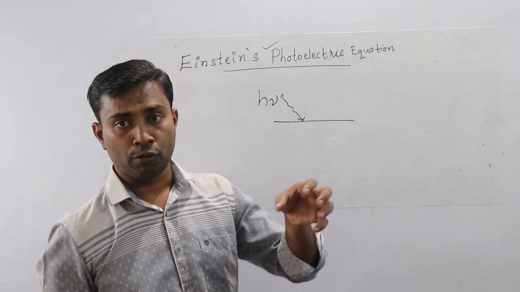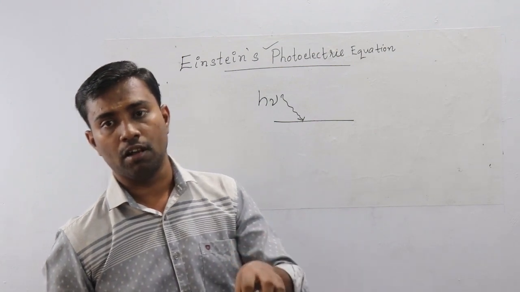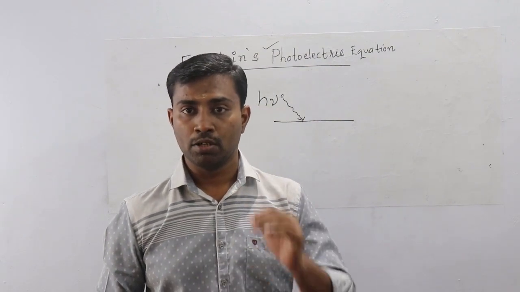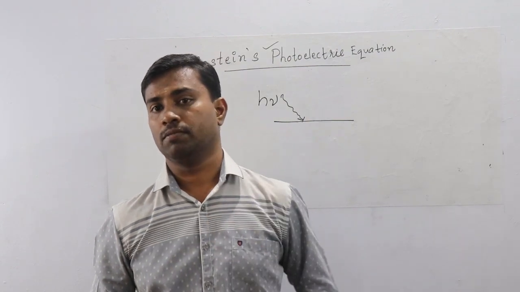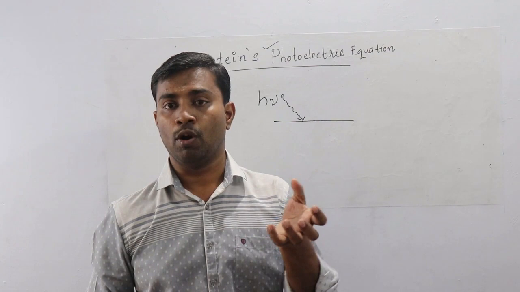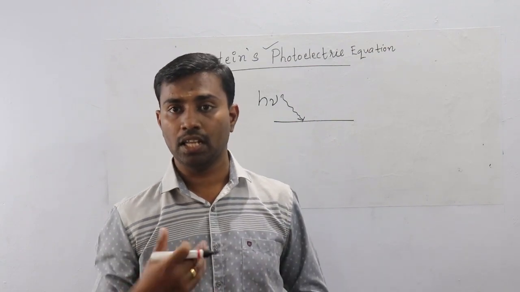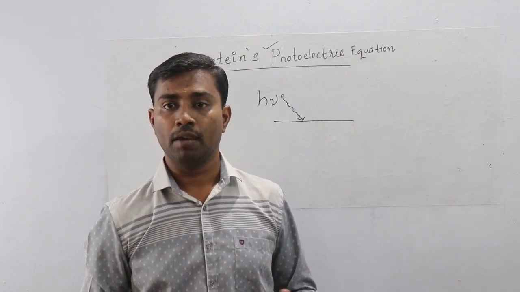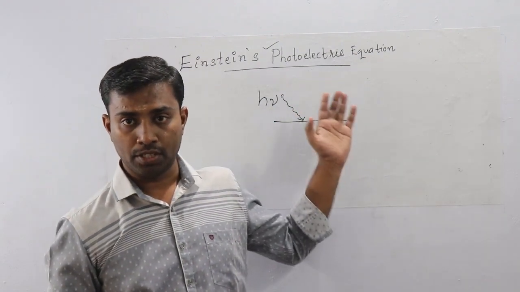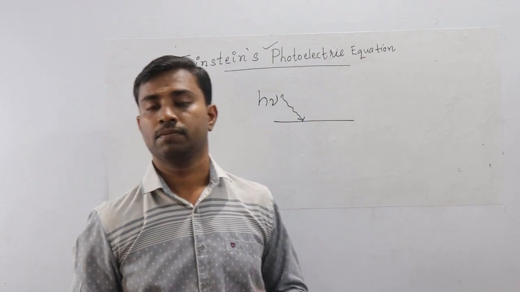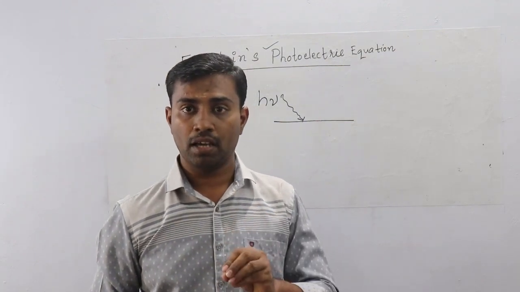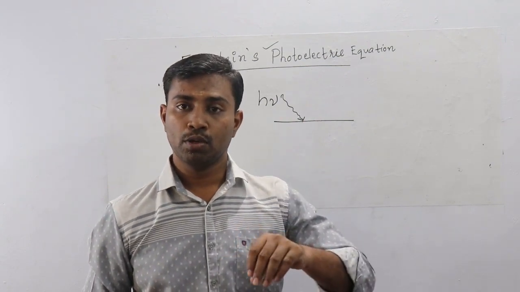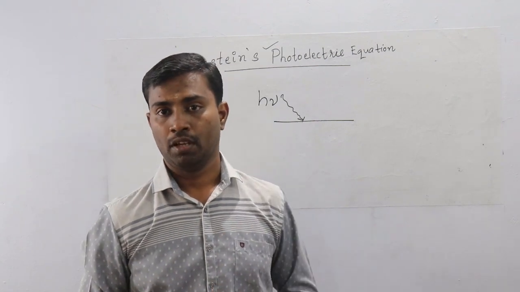That means when a photon of light radiation is incident on a metal surface, its energy is utilized in two ways. One part is used to overcome the work function, and another part is used to increase the kinetic energy of the emitted electron. So what is work function?